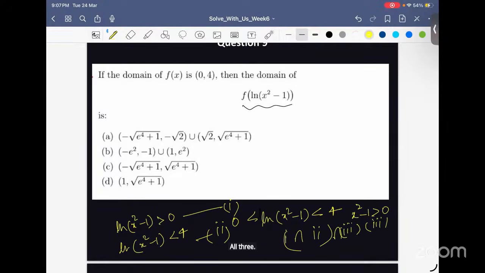You can't have any value that doesn't satisfy it, because that's not in the domain of this function ln of x square minus 1. Those values you have to exclude. But that already came, right? ln of x square minus 1 is from 0 to 4, so it's already greater than 0. No, sorry, x square minus 1 should be greater than 0. Yes, that is also a condition.